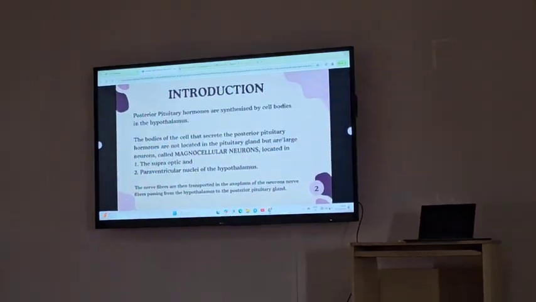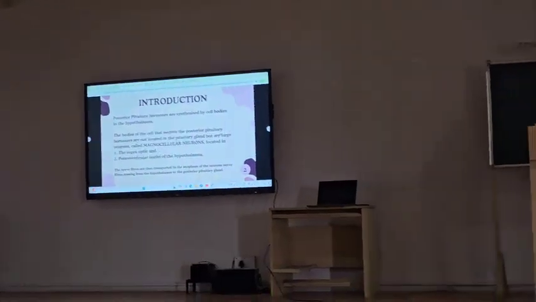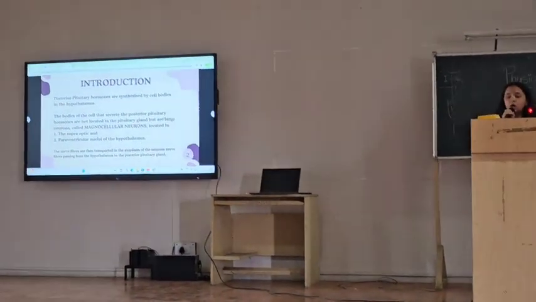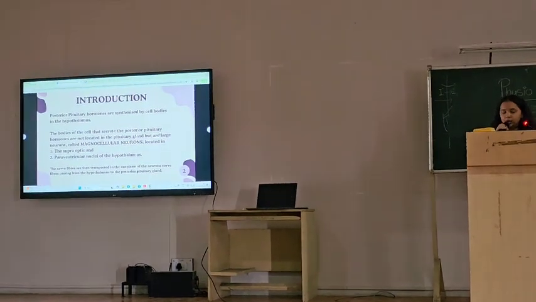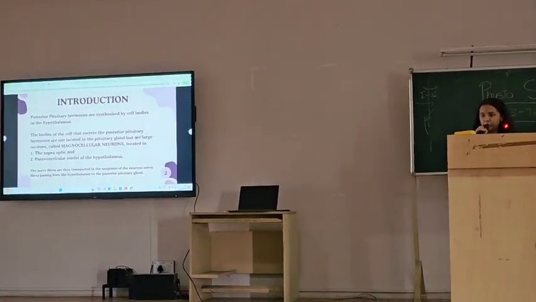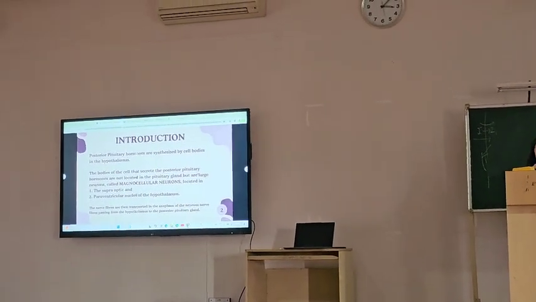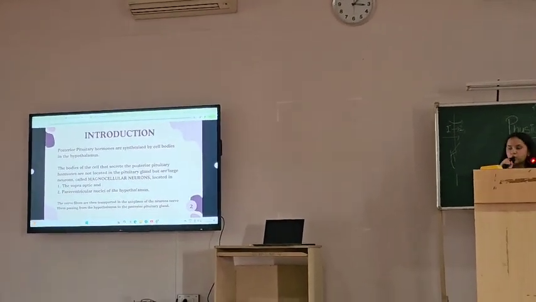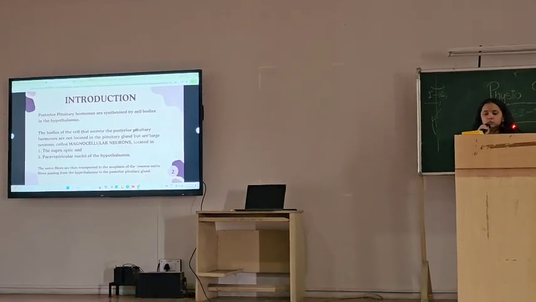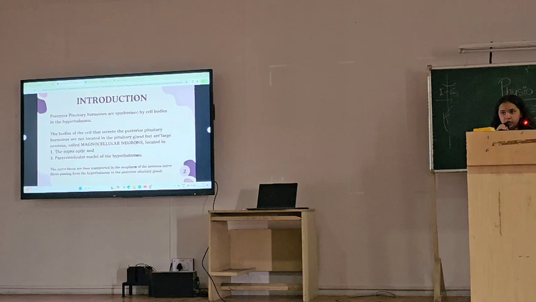The cell bodies that secrete the posterior pituitary hormones are not located in the pituitary gland but in large neurons called magnocellular neurons located in the supraoptic and paraventricular nuclei of the hypothalamus. The nerve fibers are then transported in the axoplasm of the neurons, fibers passing from the hypothalamus to the posterior pituitary gland.